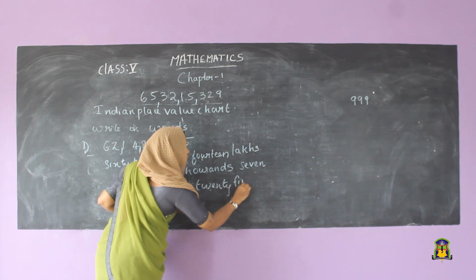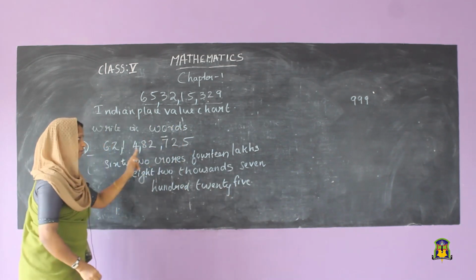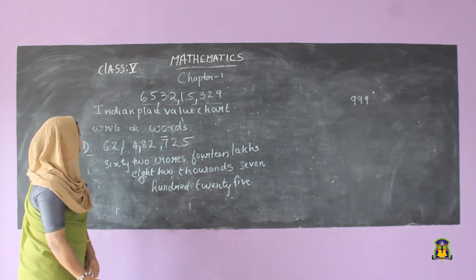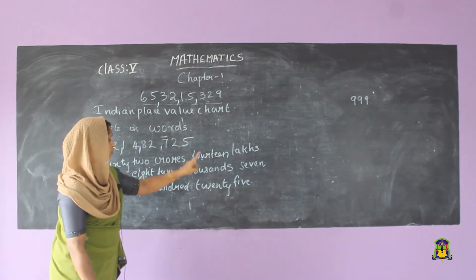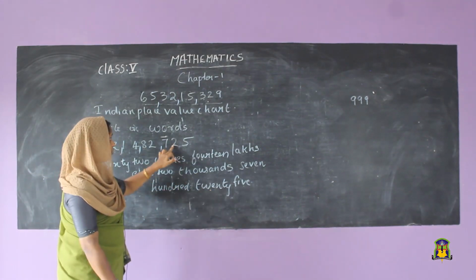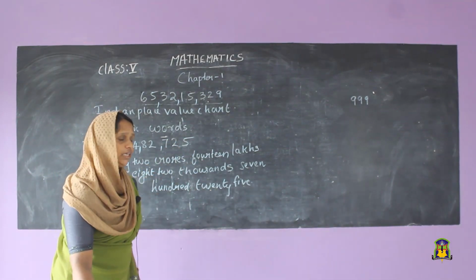So first we separate the periods and then we write the names. So 62 crores, 14 lakhs, 82 thousands, 725.